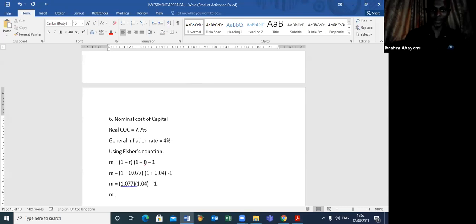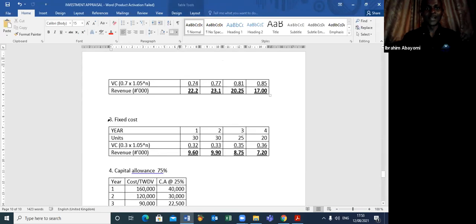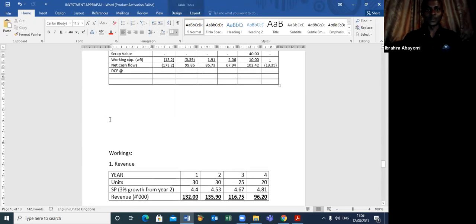This will give me my money cost of capital. So press your calculator: 1.077 times 1.04 minus 1 times 100. That's 12.1%, approximately 12%. That is the nominal cost of capital you need. So I pick that cost of capital and use it to discount my cash flow here. So 12%.